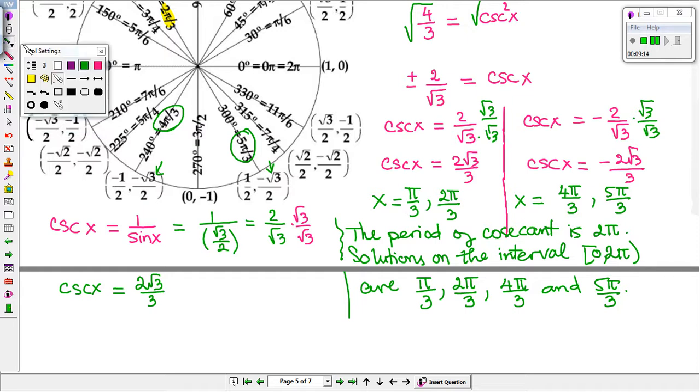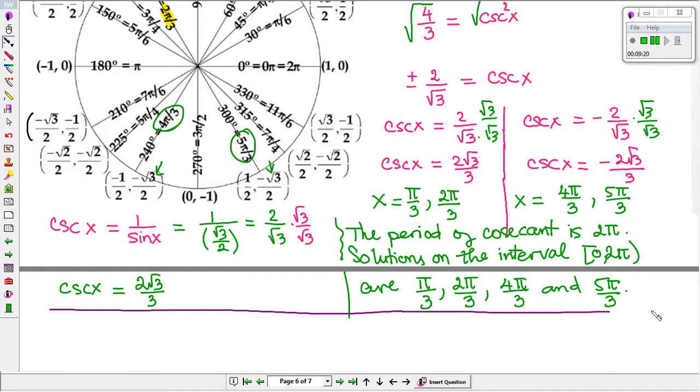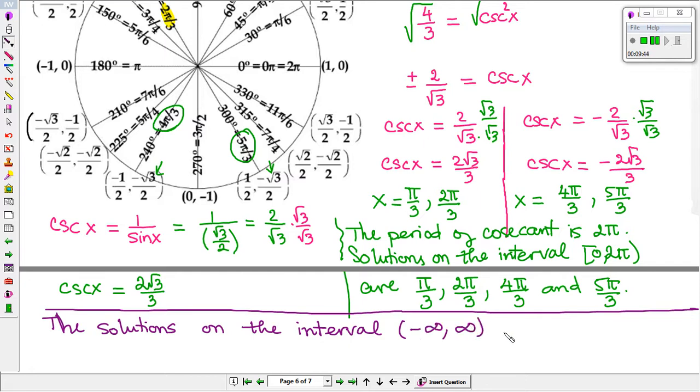So I'm going to write down here the solutions on the interval from negative infinity to positive infinity are: you take each one of our solutions and you add 2 pi n.